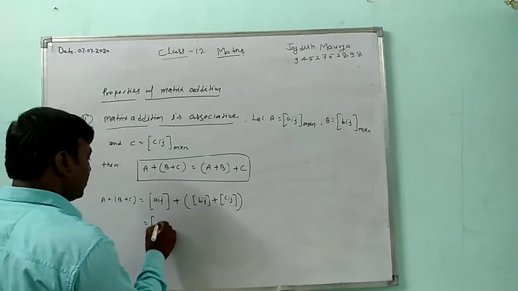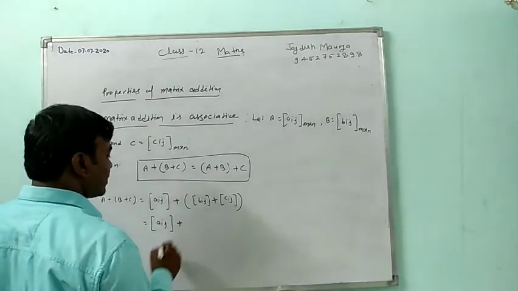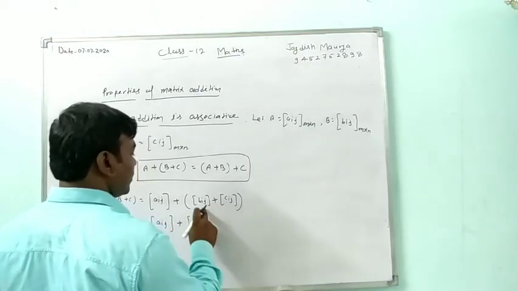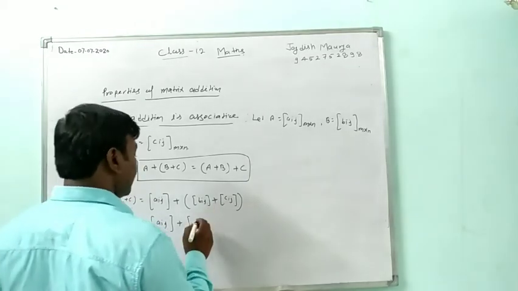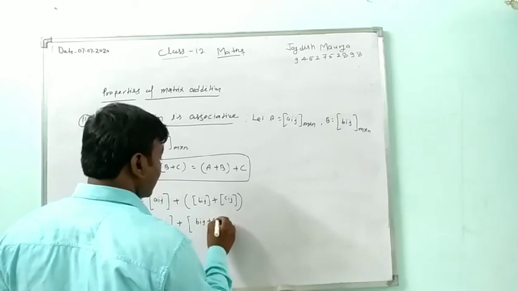This will come Aij plus addition of Bij and Cij, Bij plus Cij.